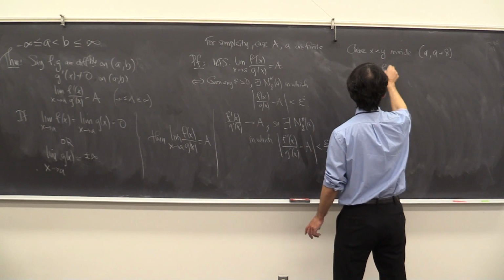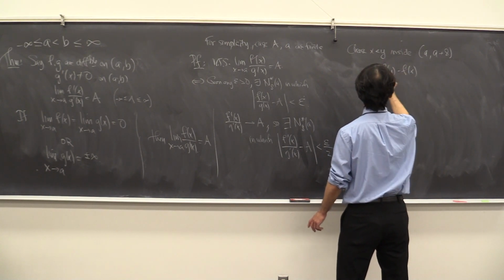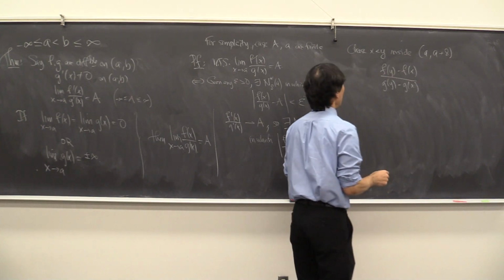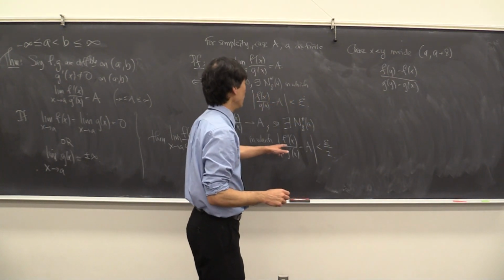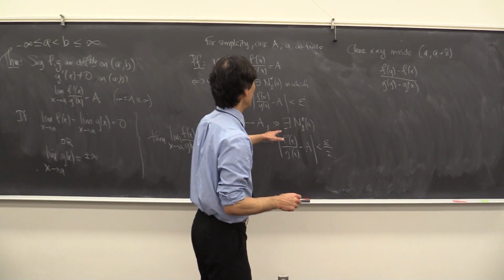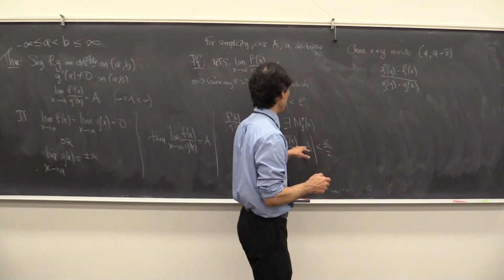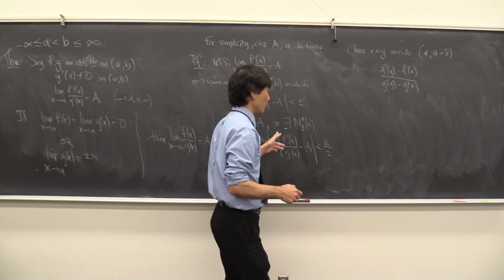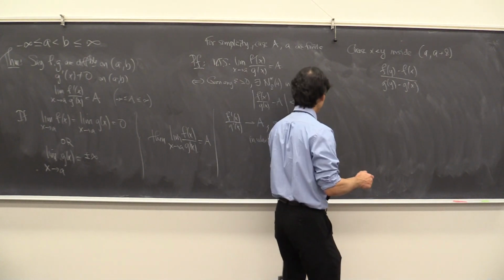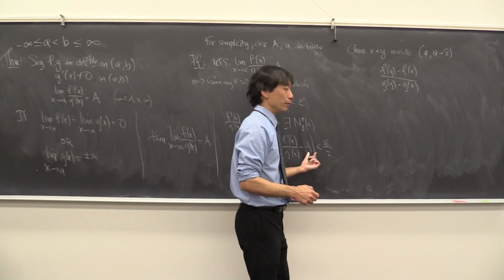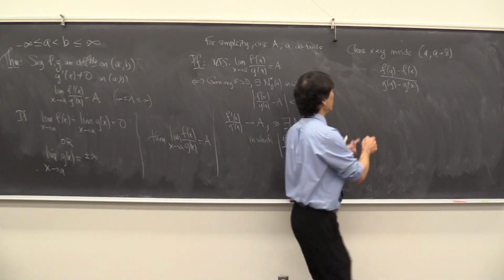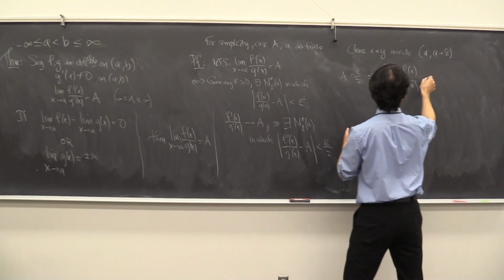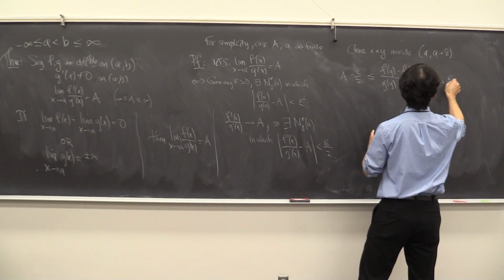And then, just as before, we look at this thing, and it lies in, same argument as before, some quotient of the derivatives, and so it lies inside the epsilon over 2 neighborhood of A. So this thing is trapped between A minus epsilon over 2 and A plus epsilon over 2.